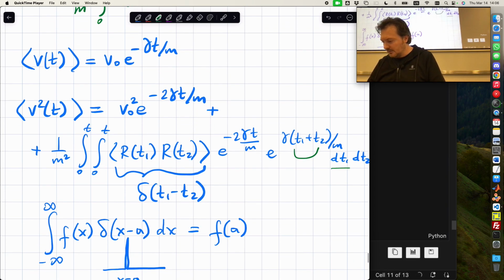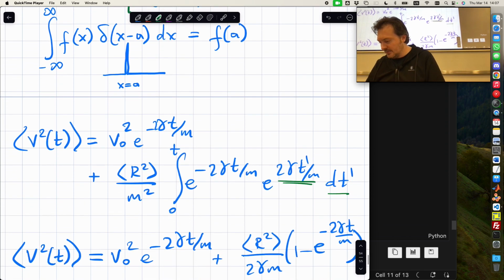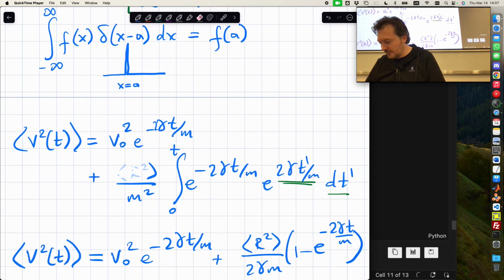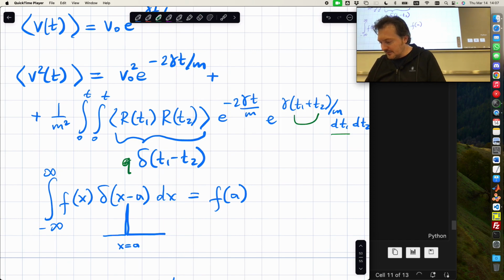Let me see. Do you see what I have here? This should be Q times delta, and we will find Q soon. So this is wrong. This is Q. Because what I did there is I just said that this is R squared times delta. And this is wrong. Why?